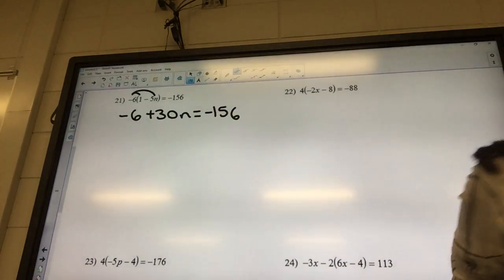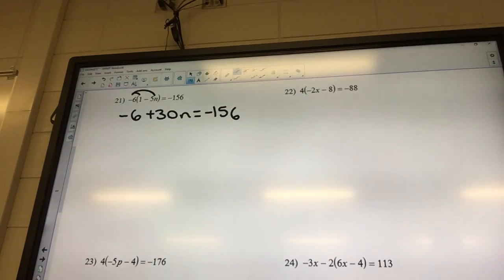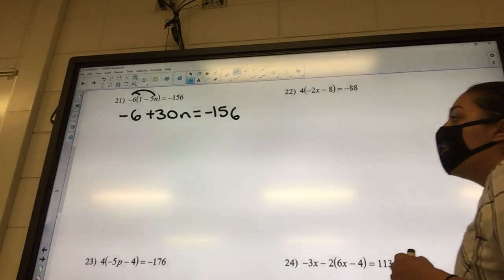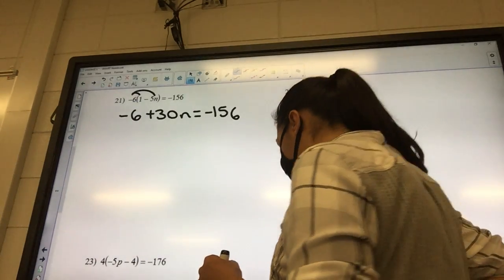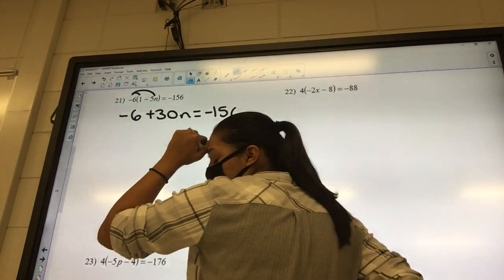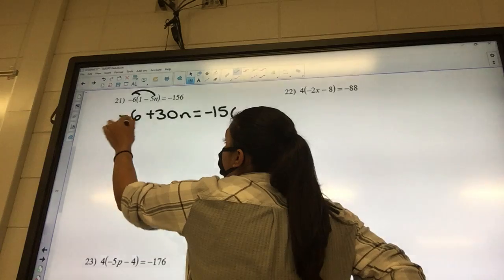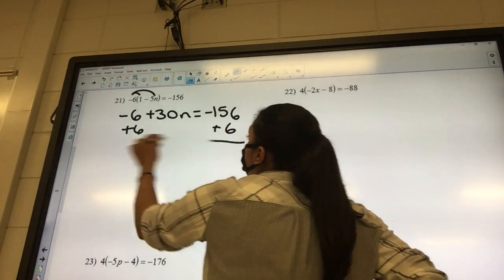I would say about half of you guys yesterday wrote down, it was a problem just like this, and you wrote down minus 45, and it should have been plus 45. If it was on your sheet, I gave it to you and put a plus, but if it's on a quiz, I'm not. What do we do next? Add 6.